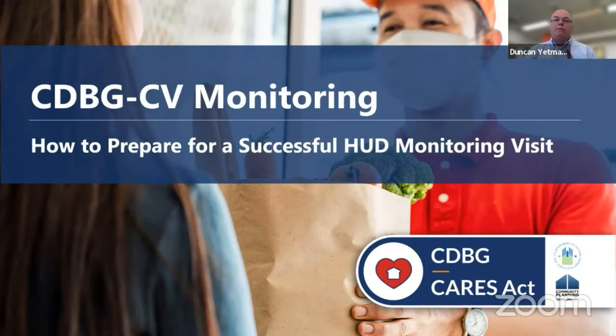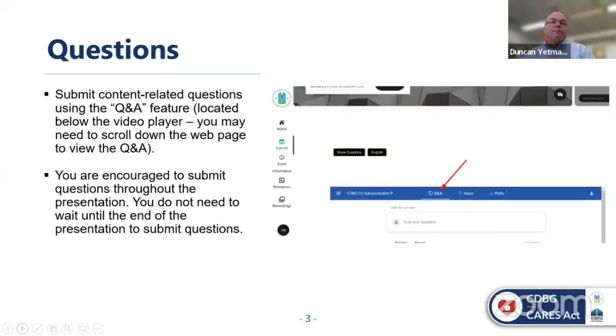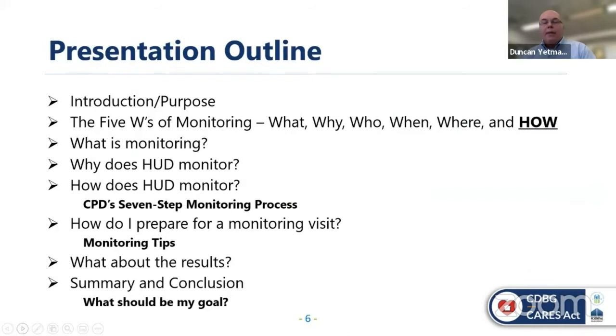The win-win is if you, as a grantee, are operating an organized, efficient, and well-performing program that's achieving measurable results, and if HUD is able to accurately document and reflect that in its systems. So that's the win-win we're going for in CDBG-CV monitoring.